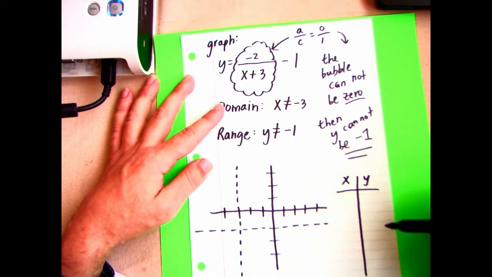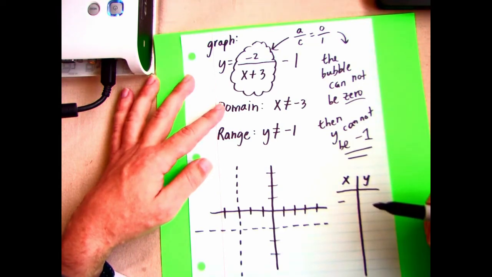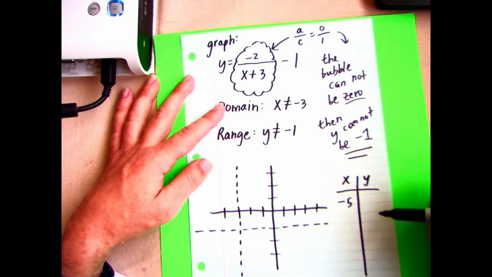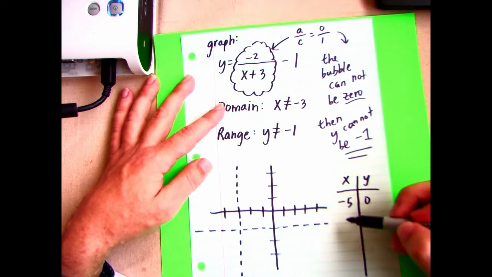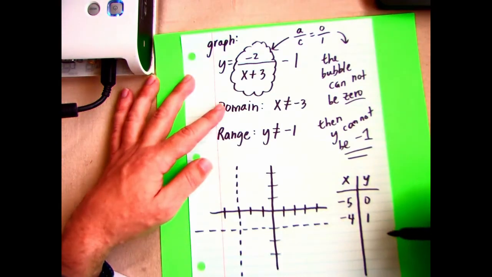Let's make a table of values to get some points. When x is, let's start off with a negative number. When x is negative 5, y is 0. When x is negative 4, y is 1.